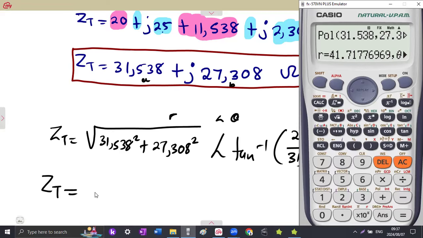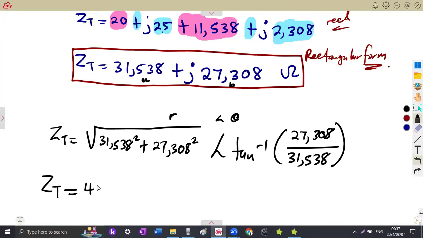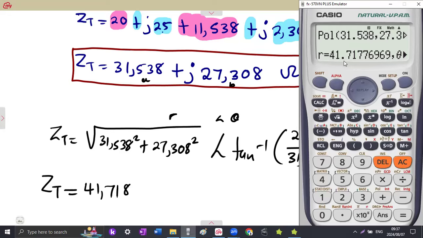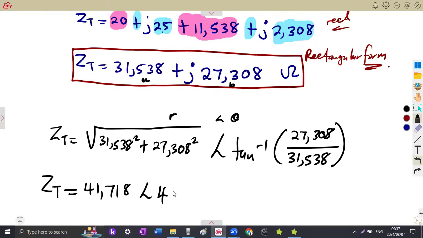So this is 41.718, it's going to change. There's going to be an 8 there. 41.718. Is that so, guys? 718, yeah, this one is going to change into 8. Then theta, the angle, is 40.888. So this 5 is going to change this one into 9. So the angle is going to be 40.889.